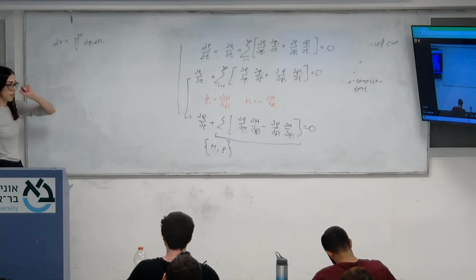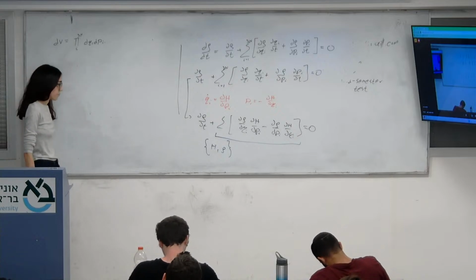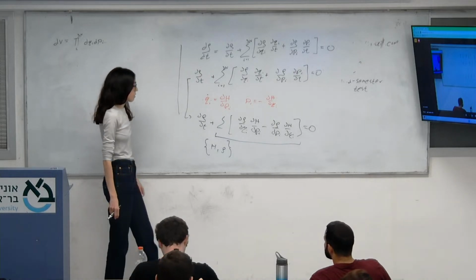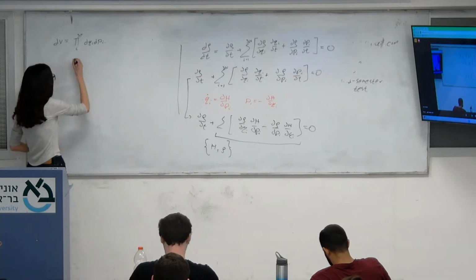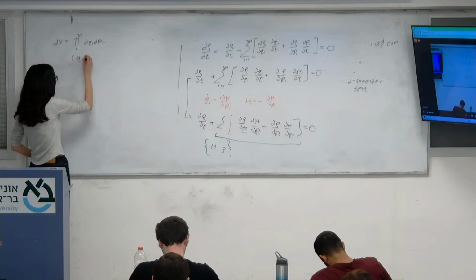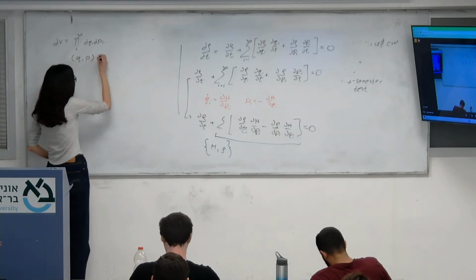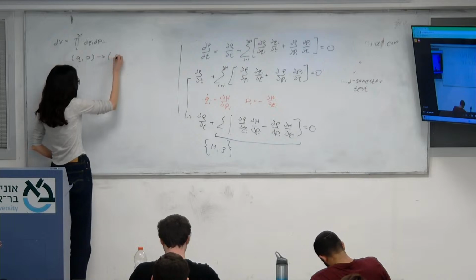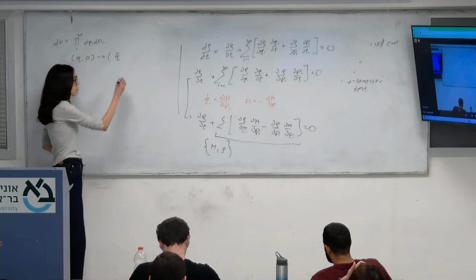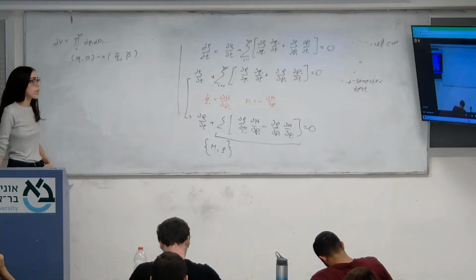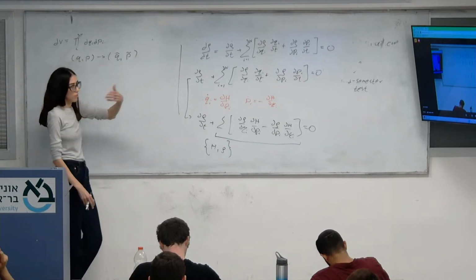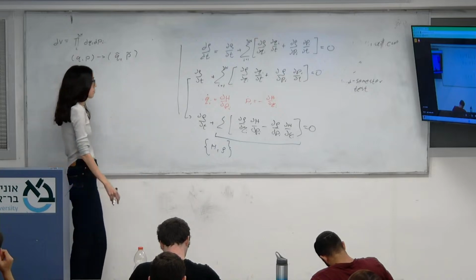So this is part of the volume, and the conservation of volume happens with time. So what we do, we move from q and p to, let's call it q tilde and p tilde, which is just the same variable in different parts of time.